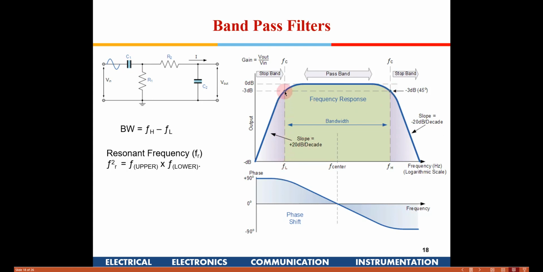This is the FL of the band pass filter. FL is decided by the high pass filter, so that it attenuates the low frequencies. So FL was decided by the high pass filter, and FH was decided by the low pass filter, so it is going to attenuate the high frequencies.